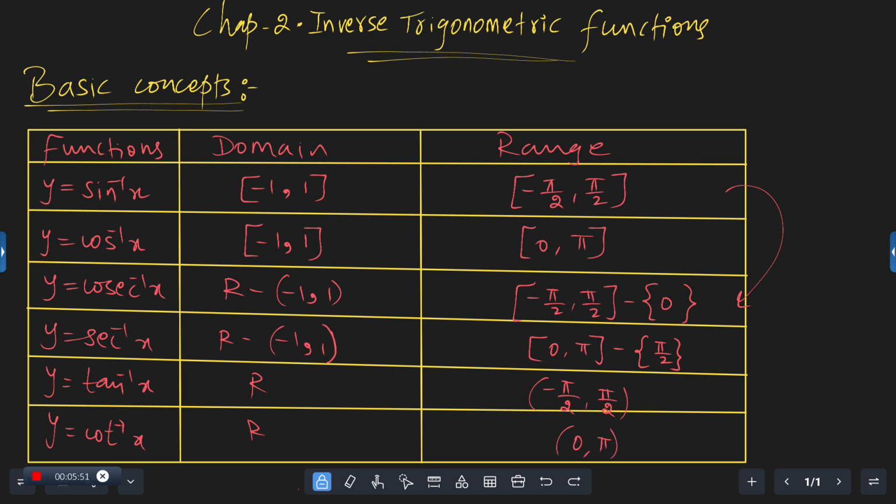You can compare this: the same sign I am giving for tan inverse, but open interval. The same for cos, and even here also, but cot inverse will be an open interval, and secant will be the same closed interval, but where it is not defined we are removing it. In the same manner for sine, we give it here but as an open interval.